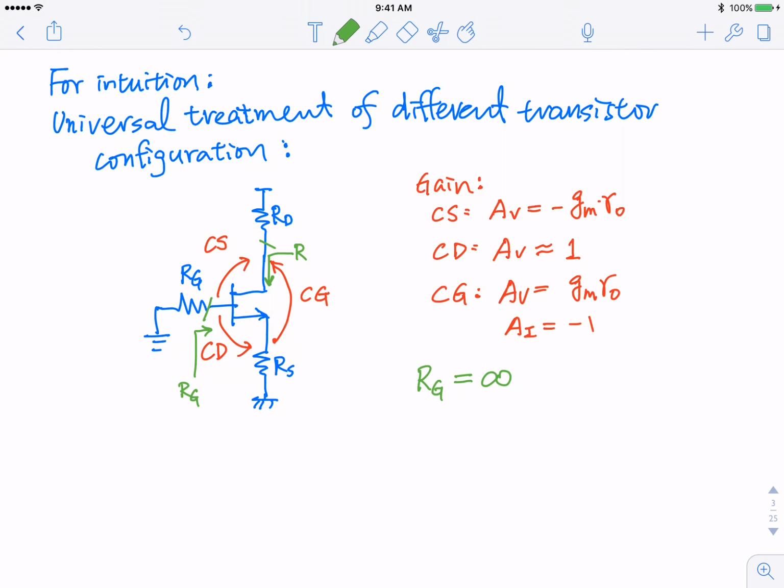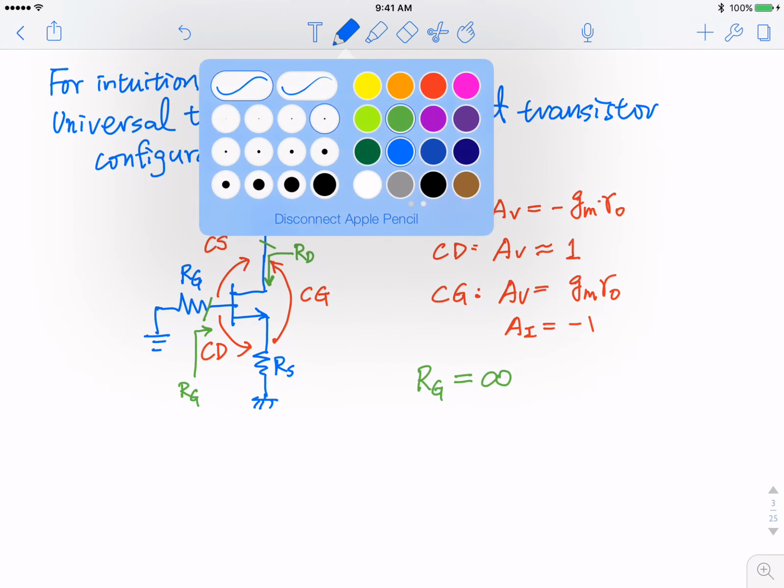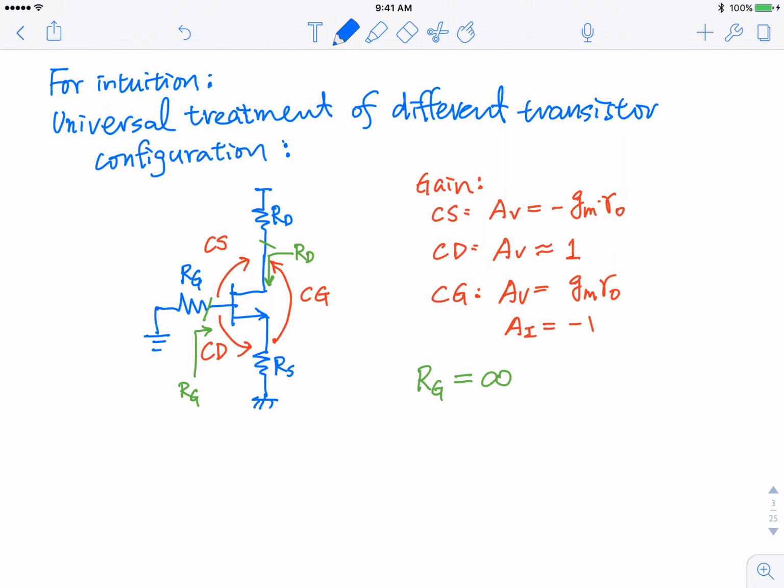I'll call this RD. The outside ones, let me distinguish them: RD external and RS external.